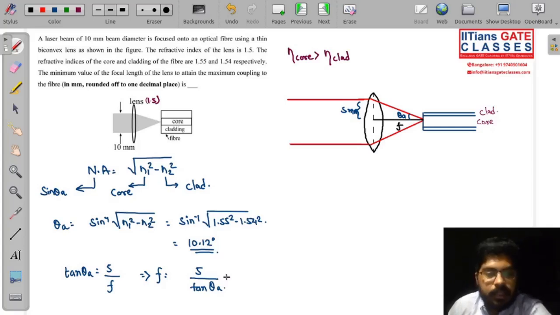They have asked in mm, so that is fine. That comes out to nearly 28.00 mm. So this was the answer to your question.